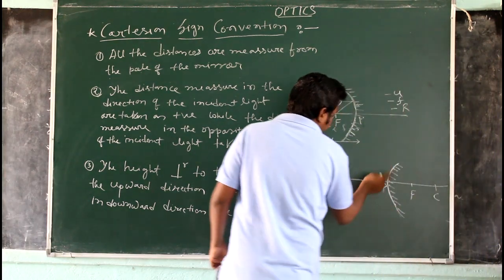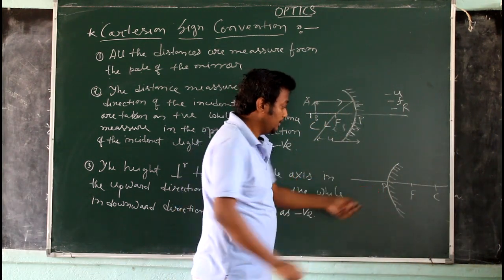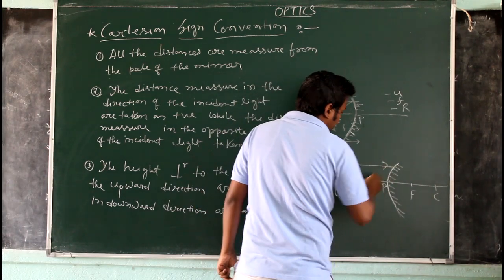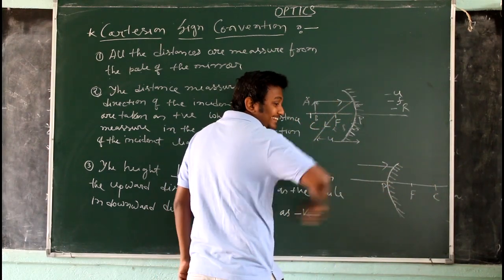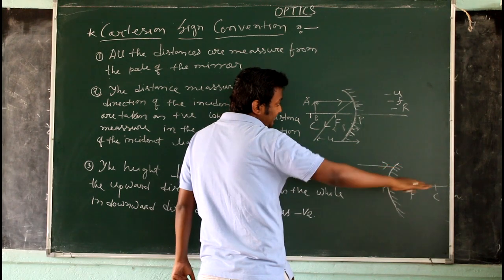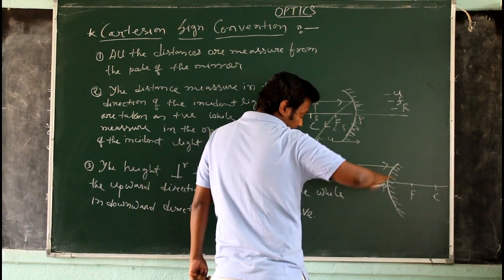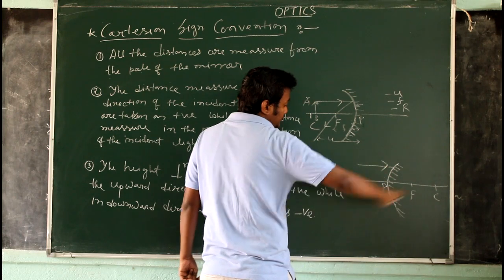Now here, this is the convex mirror. Here we have to measure the focal length and radius of curvature in the same direction as the incident ray.